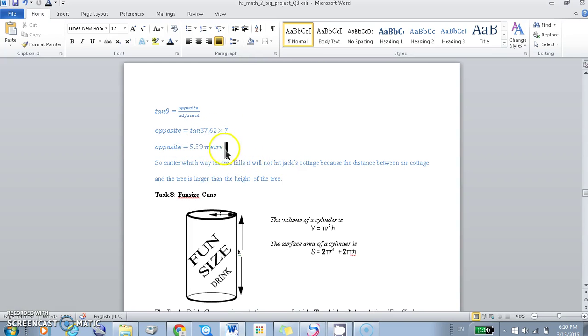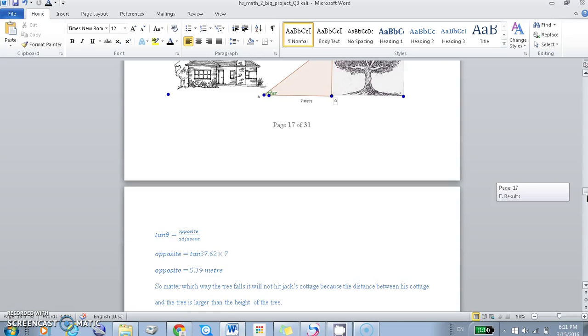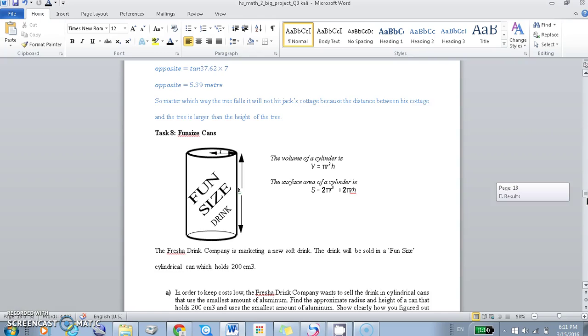So this means that this is the height of the tree, and the distance between the cottage and the tree is 7 meters. So no matter which side it falls on, right or left, it would not fall on his house. So Jack can merely cut the tree and enjoy his view.